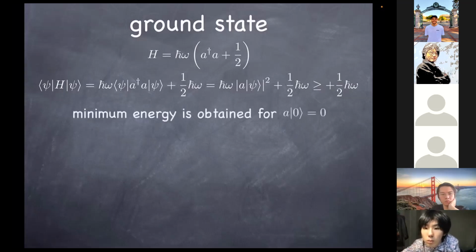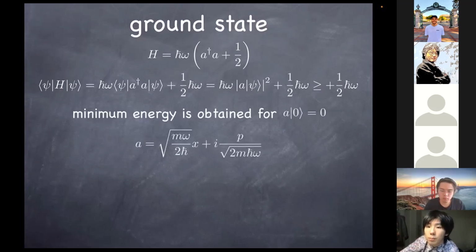That immediately tells you that the minimum energy, or ground state, is obtained when the A operator gives you 0. So if the annihilation operator A annihilates the state 0, that is the ground state of the harmonic oscillator.